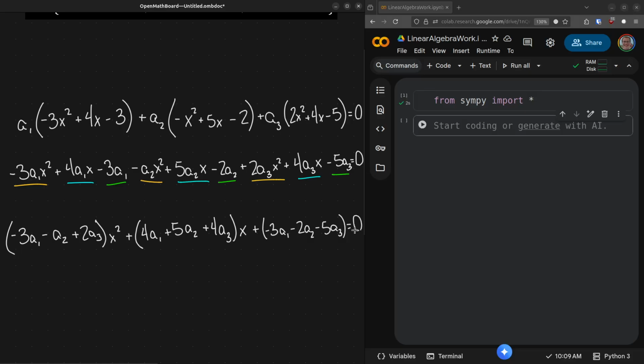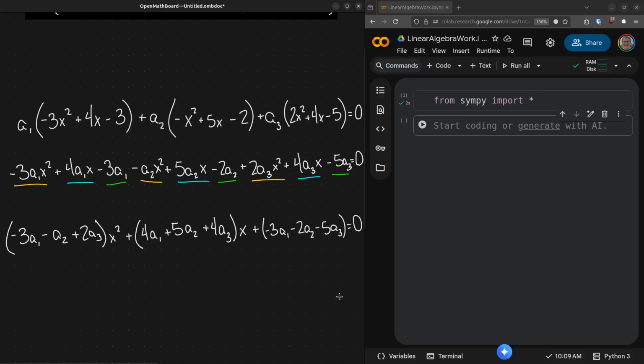I want this to equal 0. Now, the only way that this is going to equal 0 is if the coefficients of each variable are 0, because they're not like terms, right? The x squared term cannot combine with the x term, which cannot combine with the constant term. So these all have to be 0 on their own if we want the entire thing to be 0.